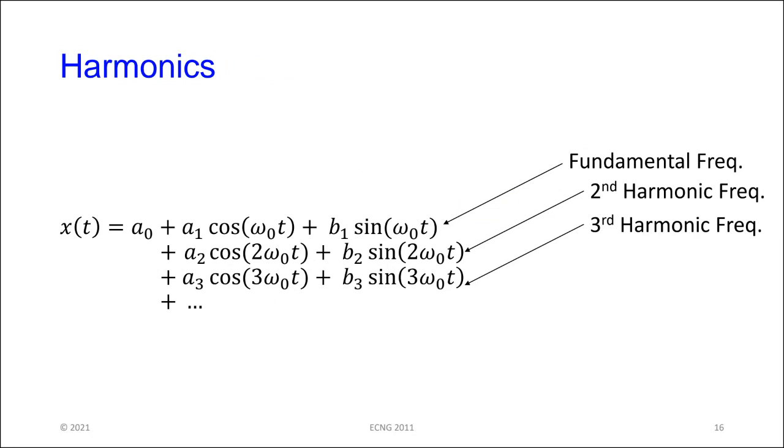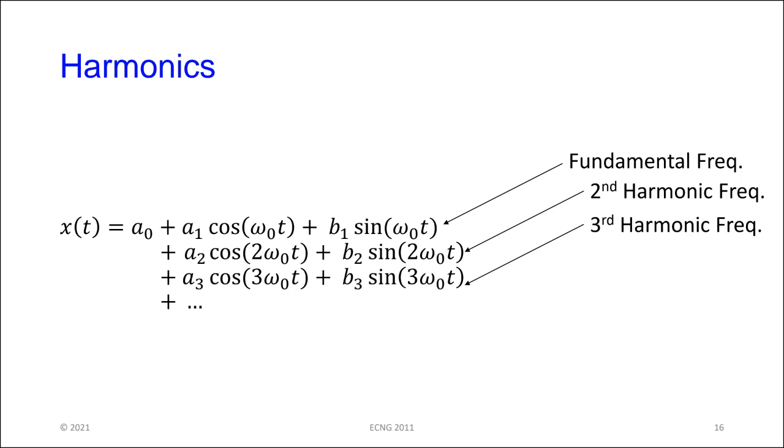Right, and so this was a term I didn't introduce as yet. So omega 0, they call it the fundamental frequency. And then 2 omega, they call the second harmonic, 3 omega, the third harmonic, and so on. Now, if any of you are musicians, this is going to run a little bit different from what musicians call it.